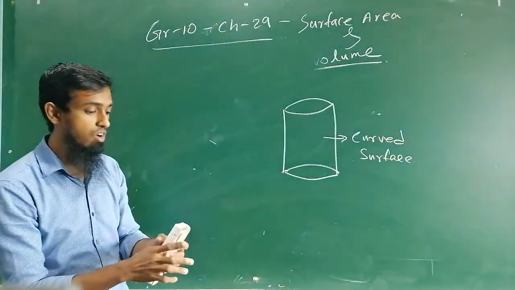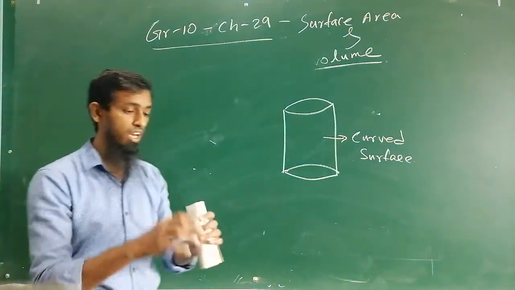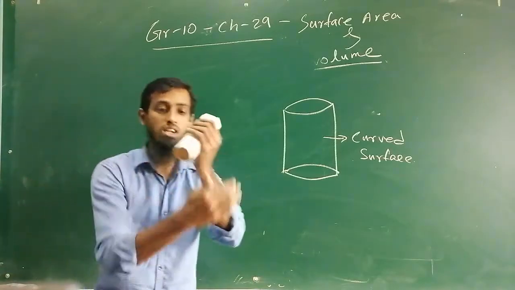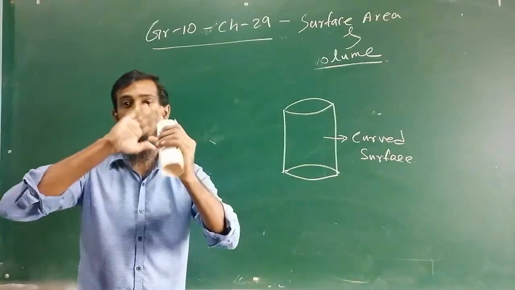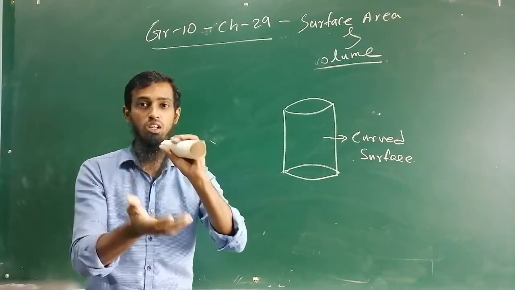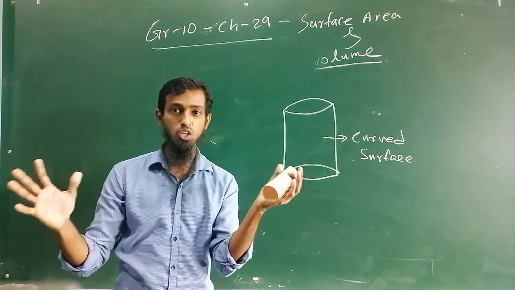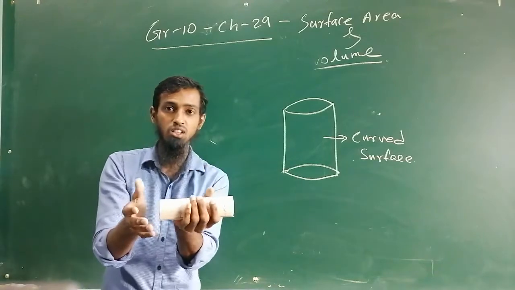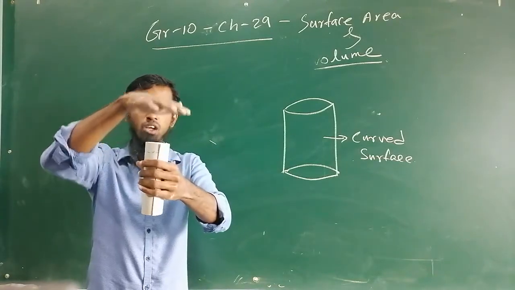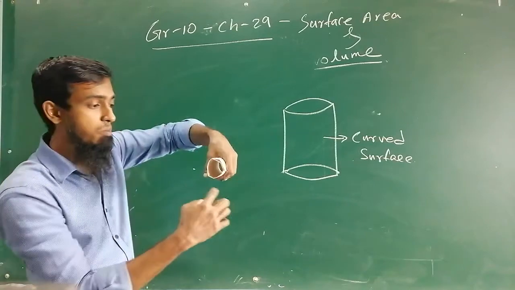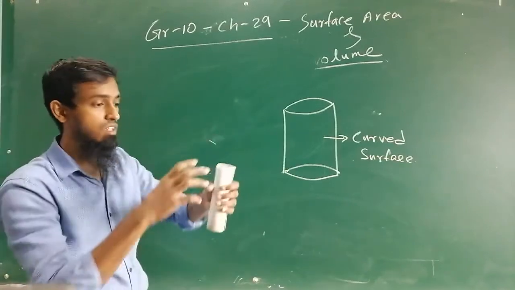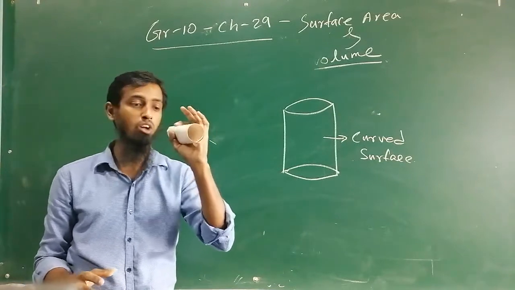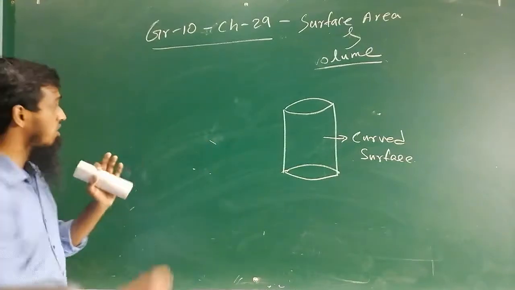Okay, we'll go to the next part. If you connect the rectangle and make a cylinder, you have a curved surface, and at both the top and bottom, the ends of the two sides of the curved surface, we have a circle shape. The cylinder we made with the rectangle is a hollow cylinder.